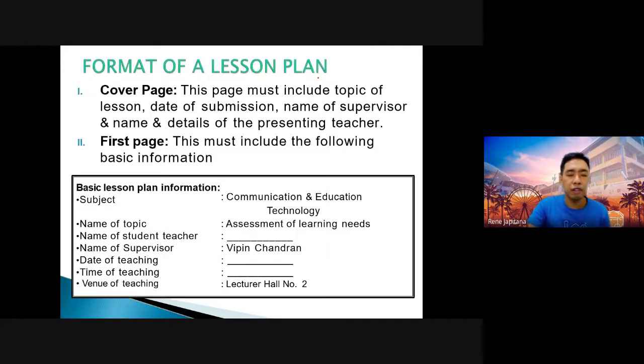So I will not discuss on this part the format of the lesson plan because there are different formats. I will be presenting to you the St. Michael College of Caraga Teacher Education sample format of lesson plan. So we will be contextualizing the sample lesson plan that I am going to present this time.